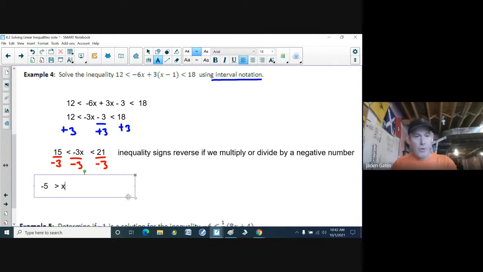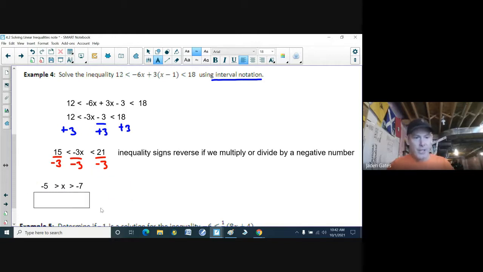All right, now I do have x in the middle because those negative 3's divide each other out. Again, 21 divided by negative 3 is negative 7. There we go. And now, because I got x by itself, I'm done.